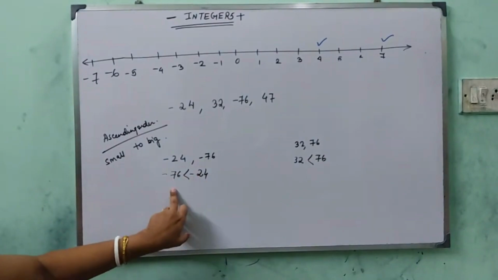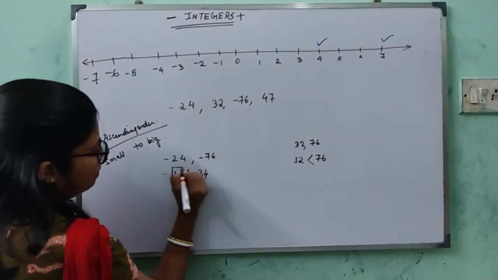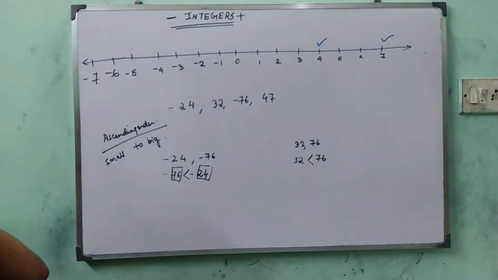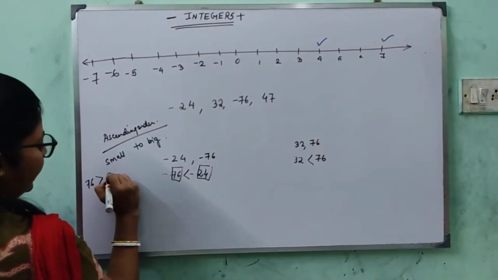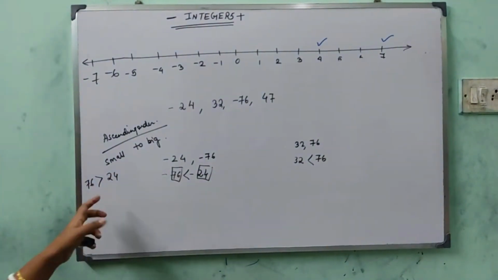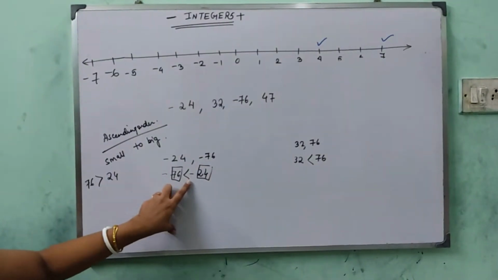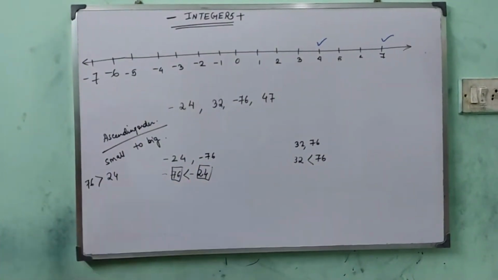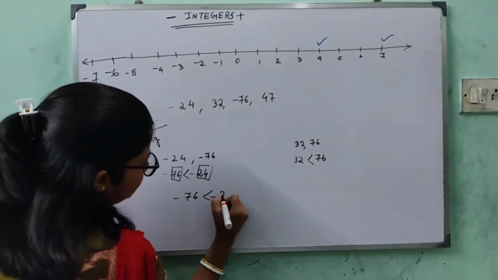So minus 76 is lesser than minus 24. Also you can check it this way, just take these two numbers. Who is greater? 76 is more than 24. So when I put the minus signs to them, this sign gets reversed. So minus 76 is less than minus 24.